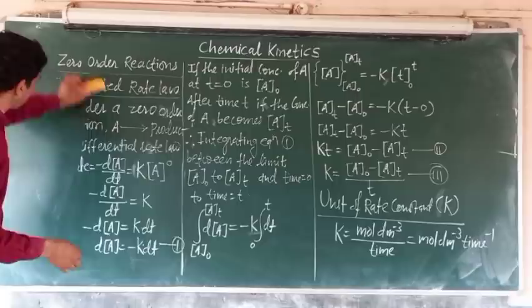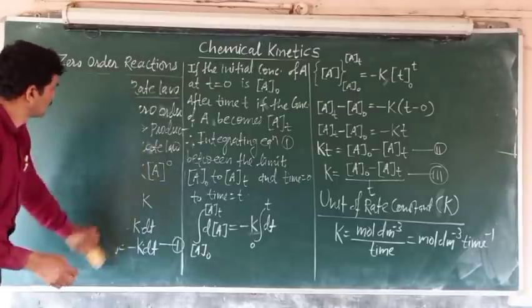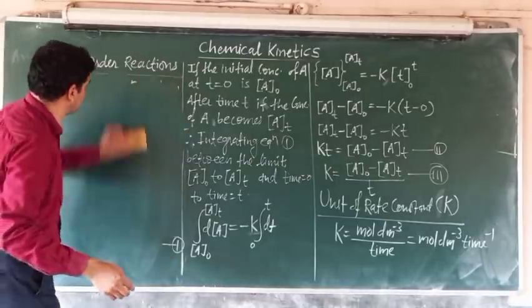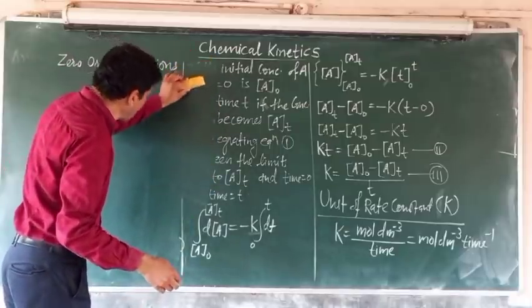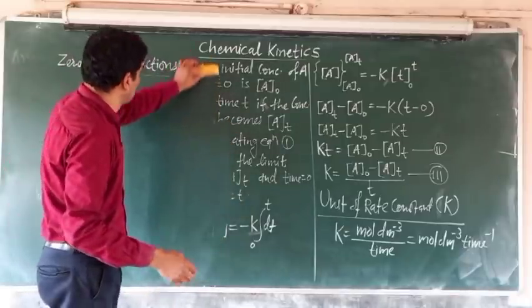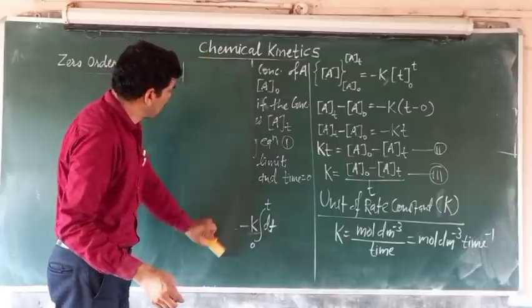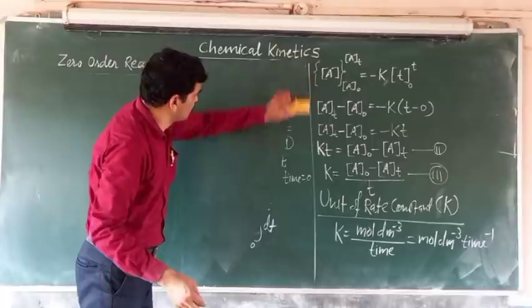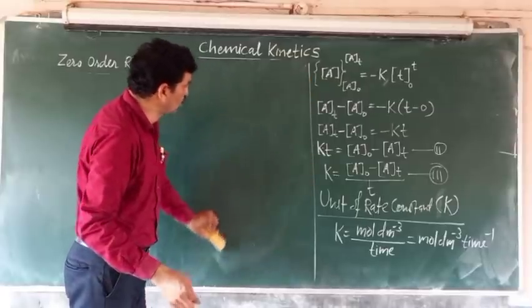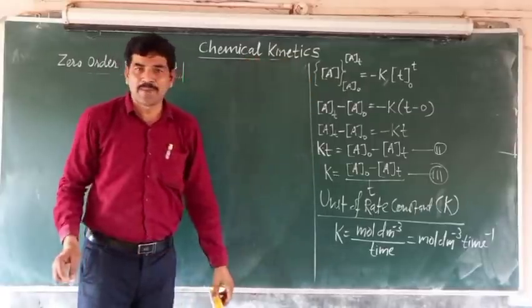The half-life period for the zero order reaction. You know the definition of half-life. Half-life of any reaction is the time required to decrease the concentration of the reactant to half of its initial value.